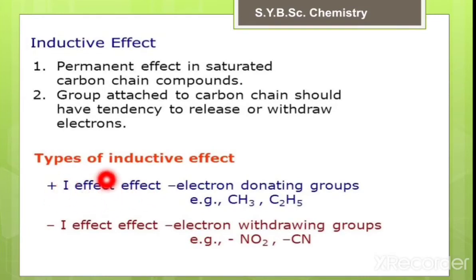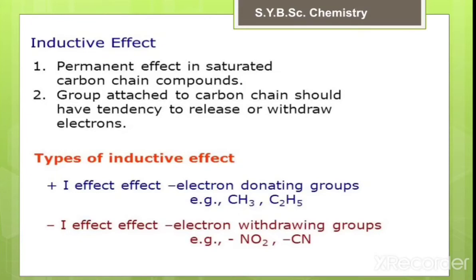The plus I inductive effect is given by electron donating groups. Example: CH3, C2H5. The minus I inductive effect is given by electron withdrawing groups. Example: NO2 and CN, that means cyanide. This shows the electron withdrawing nature, therefore having the minus I inductive effect.